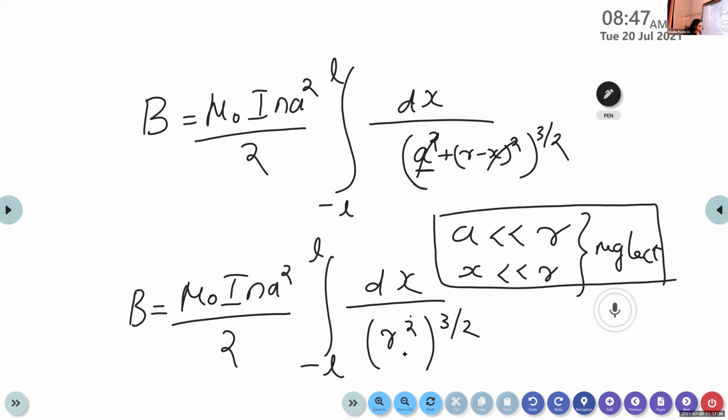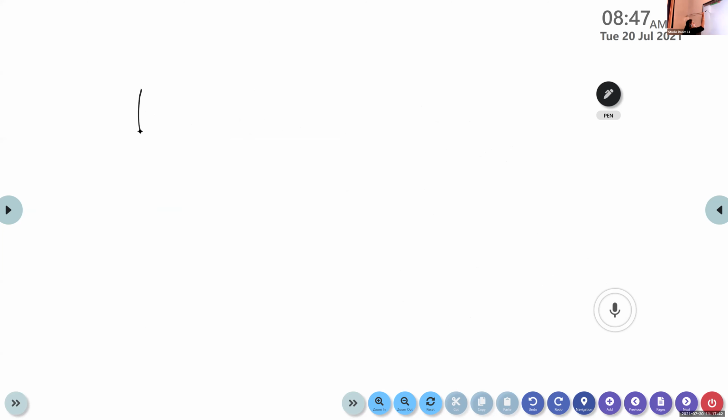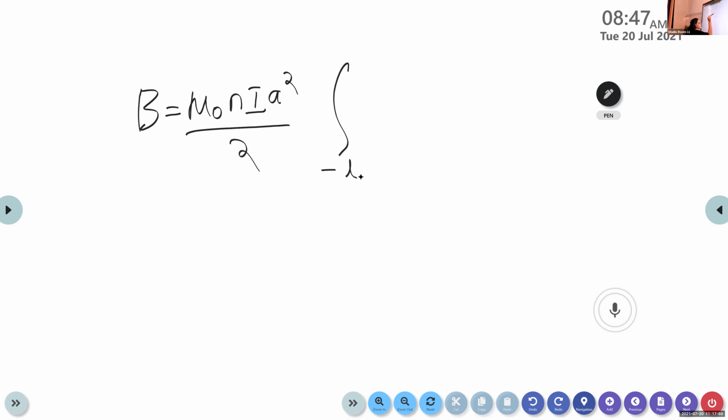So here we can cancel this, and it becomes B is equal to mu 0 n I a square divided by 2 into the integral from minus L to plus L of dx divided by r cube.